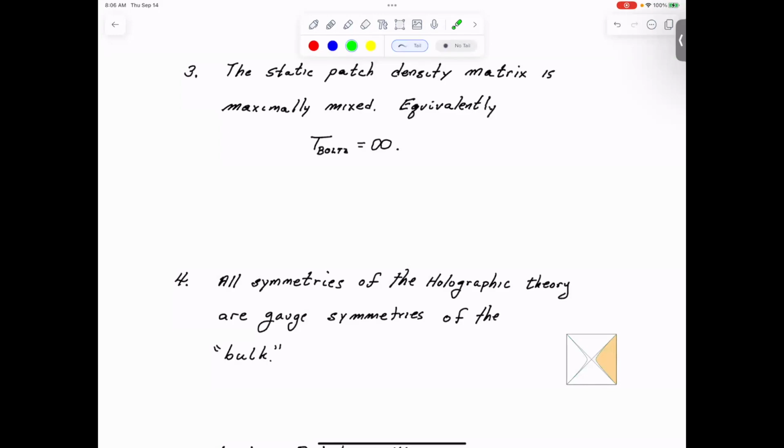If T goes to infinity, then beta goes to 0, right? Yes, yes. So then trace e to the minus beta H, how would you define that? Just trace. Trace of the identity. Okay. Right.